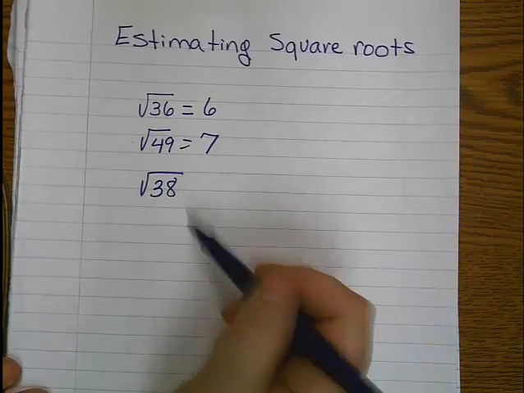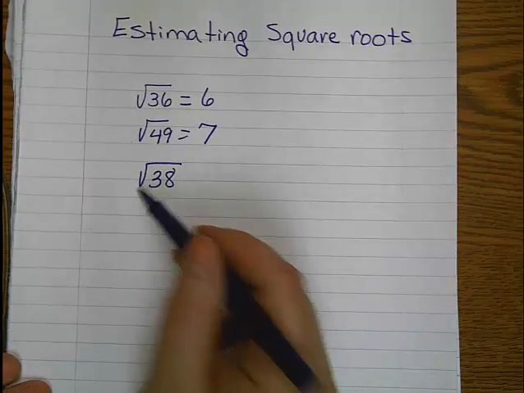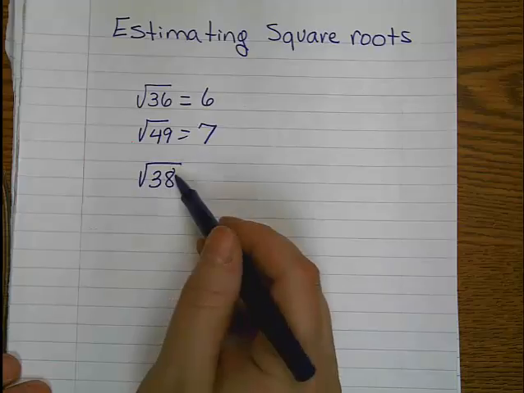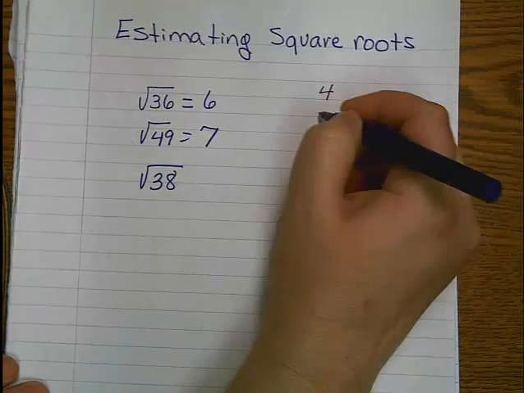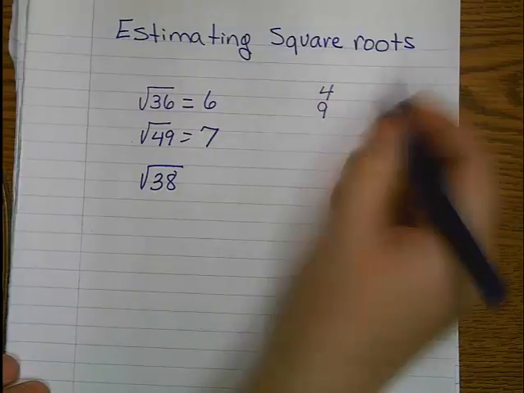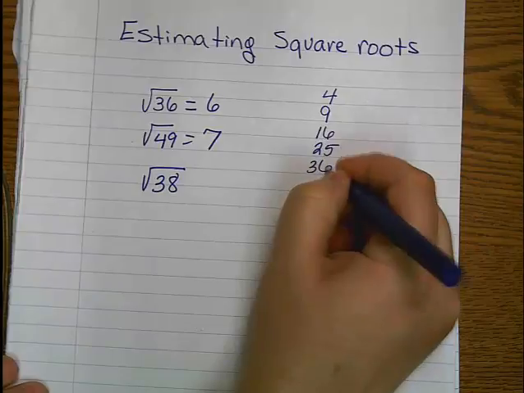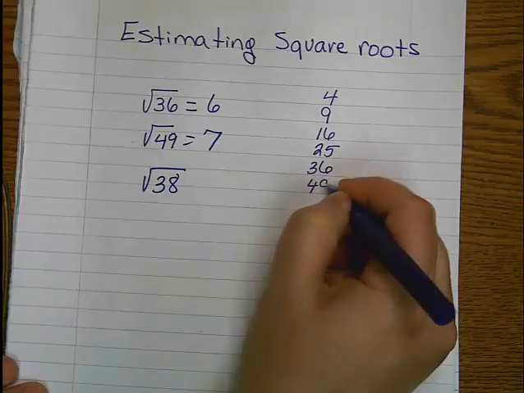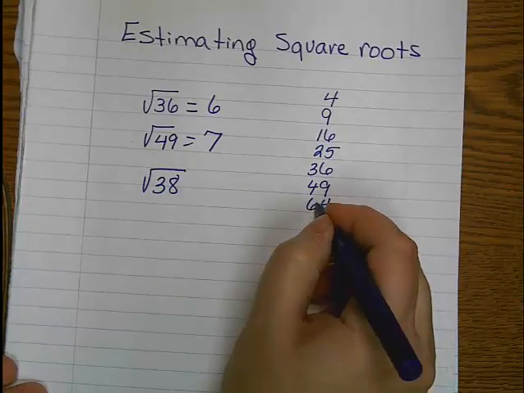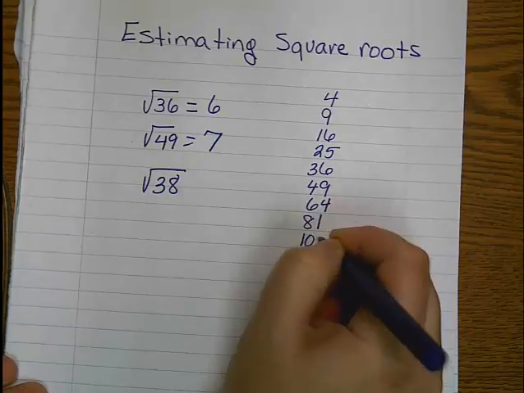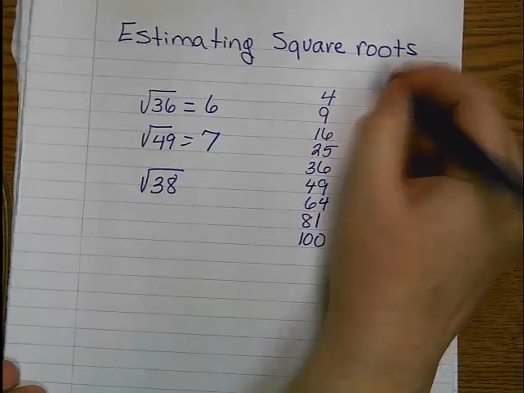So the first thing we need to do to estimate this is to figure out what two perfect squares it goes through. Now remember, my perfect squares are 4, 9, 16, 25, 36, 49, 64, 81, 100, because I can take the square root.